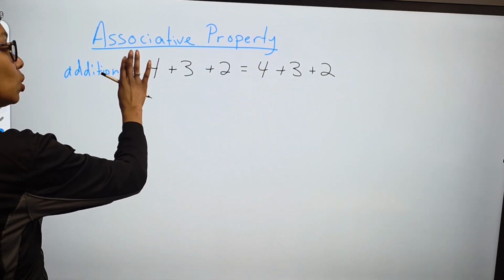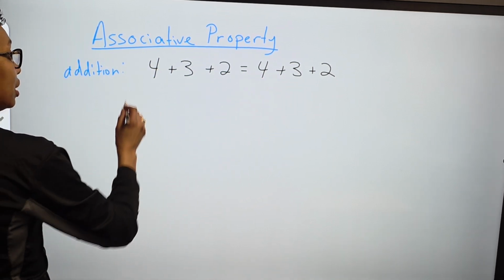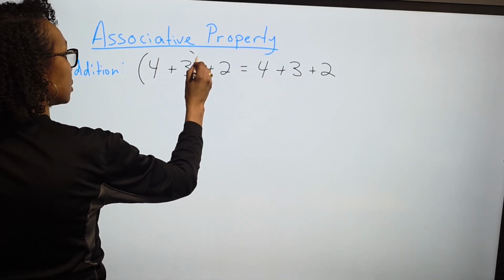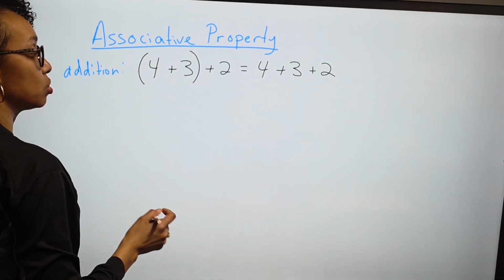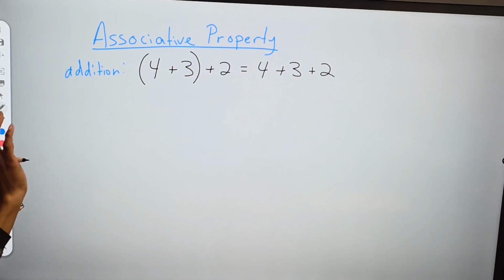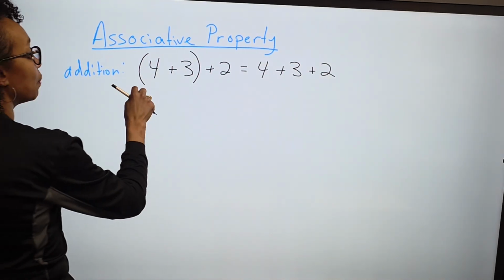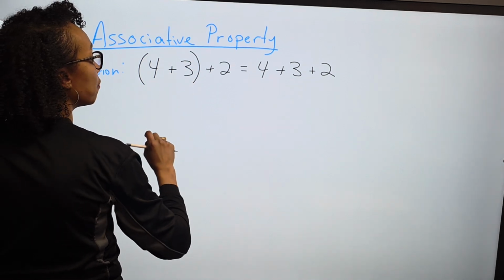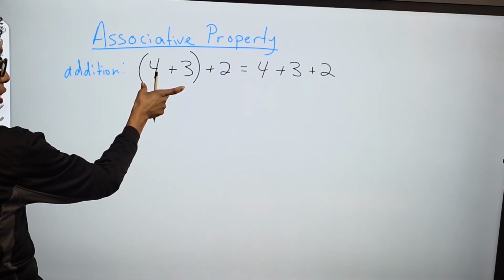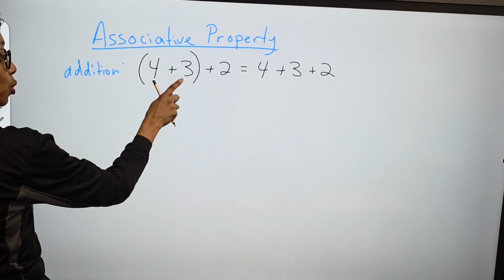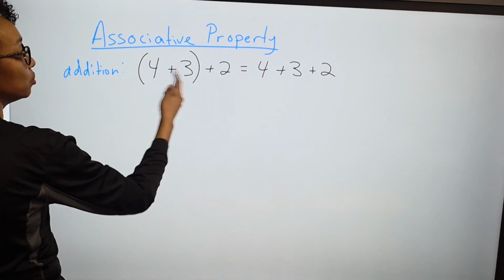What makes this the associative property is that we add parentheses. And we know that parentheses, according to our PEMDAS, or please excuse my dear Aunt Sally, our order of operations, that parentheses go first, okay? So if I put the parentheses here, I know I'm going to do 4 plus 3 and then add 2.